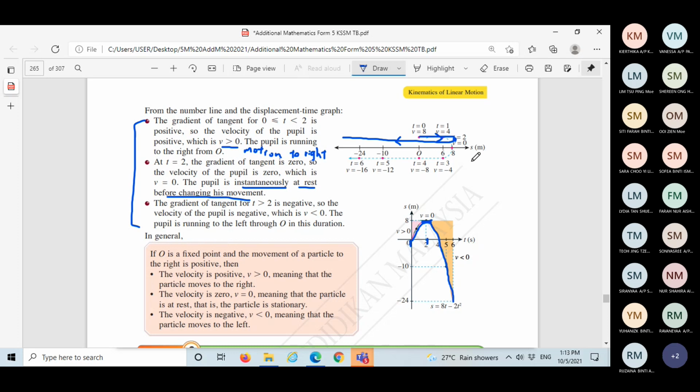Can you see or not? What's the difference between the positive and negative for the v, and the positive and negative for the displacement? Displacement has a reference point here, the O. If the particle is on the right, the displacement is positive. If the particle is on the left, the displacement is negative.